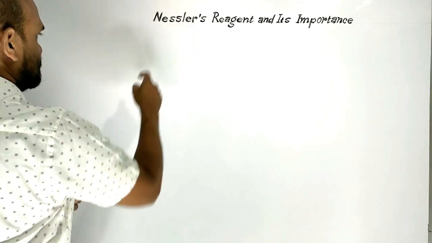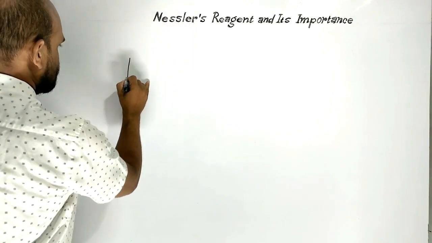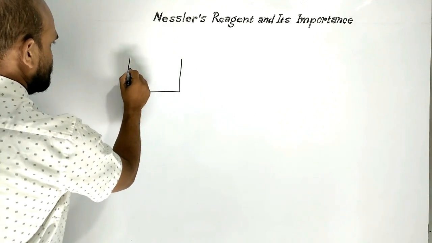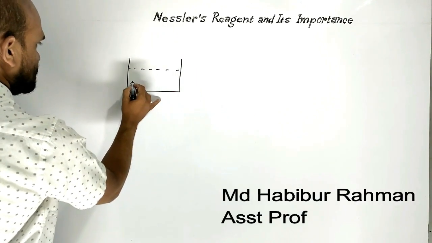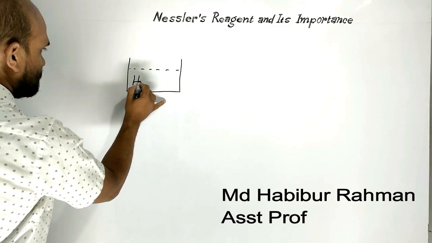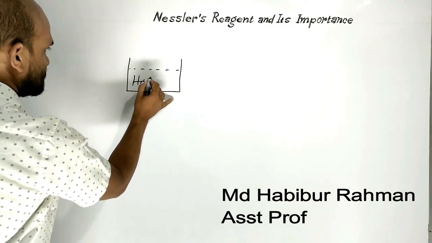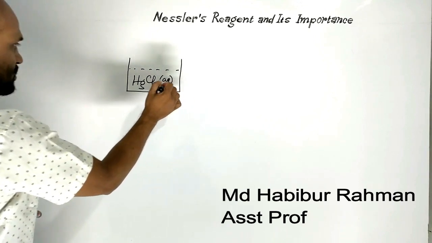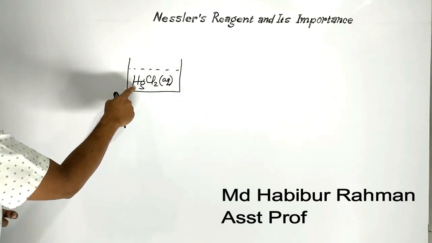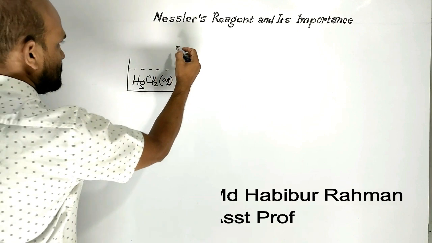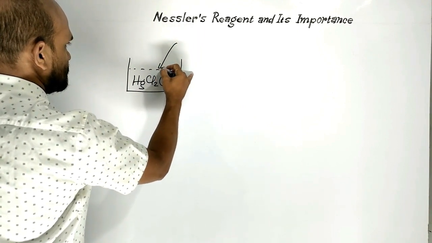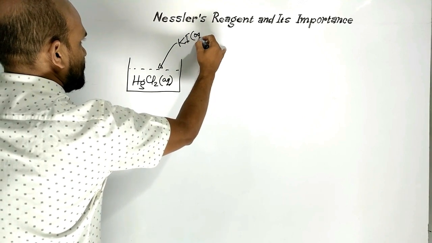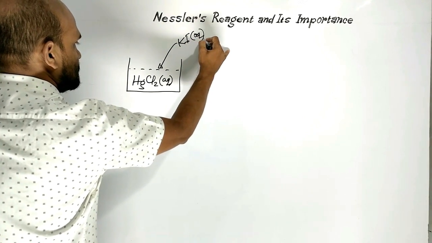Nessler's reagent. Let us consider this beaker in which there is a solution of mercury 2 chloride, or mercuric chloride. To this solution, potassium iodide is added.